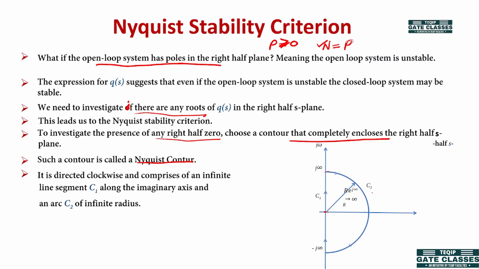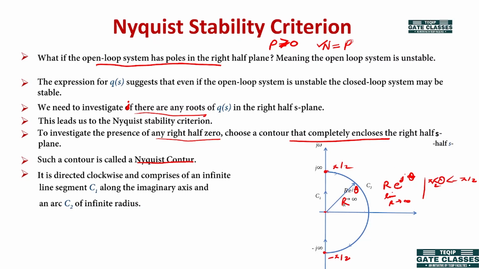So this is the semicircle of radius R e^(jθ), where the limit R tends to infinity, and where theta varies from pi/2 to minus pi/2. So this angle is plus pi/2 and this angle is minus pi/2.